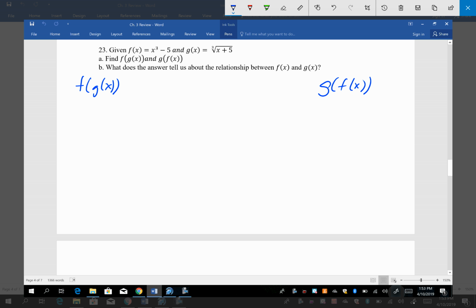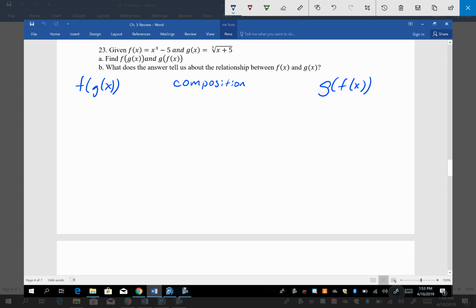What I just wrote in blue is called something. Putting one function into another. Transformation. Proposition. There you go. You got it. Composition.